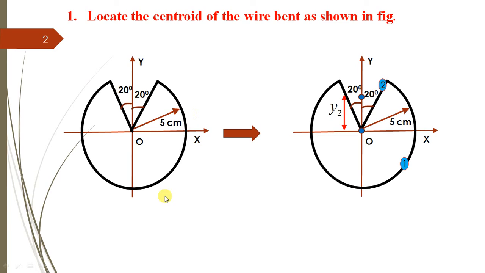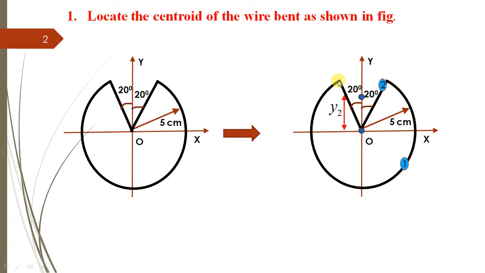So this is wire which is bent as shown in figure. So we have to find out the centroid of this wire. The angle alpha is given 20 degree and the radius is given 5 centimeter.